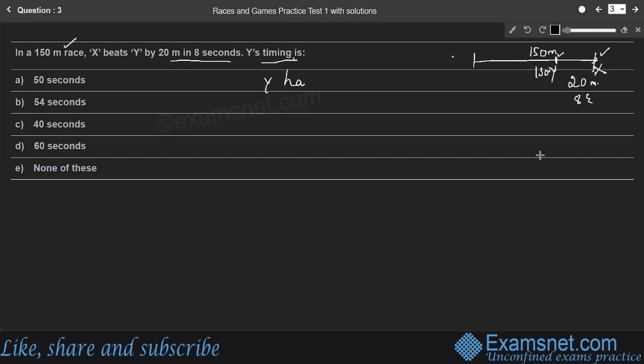Y has to cover another 20 meters. So Y has to cover 20 meter in 8 seconds.